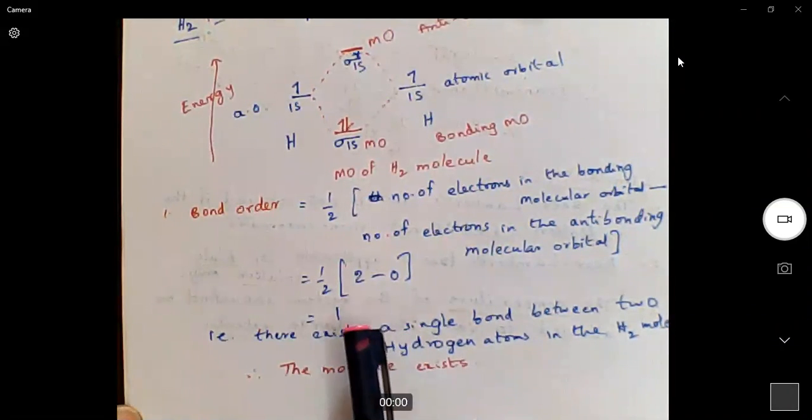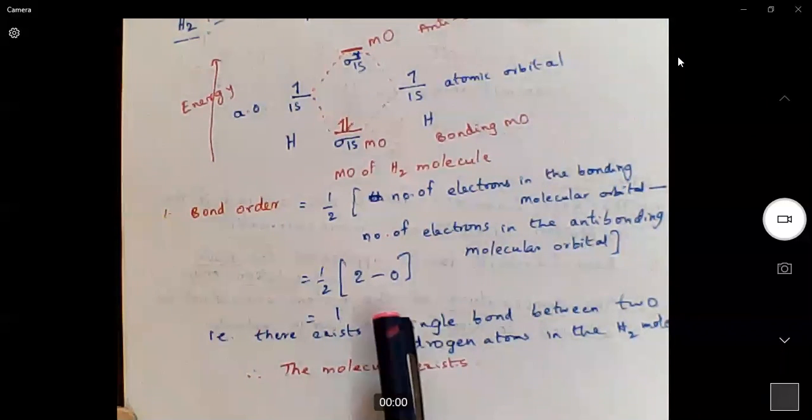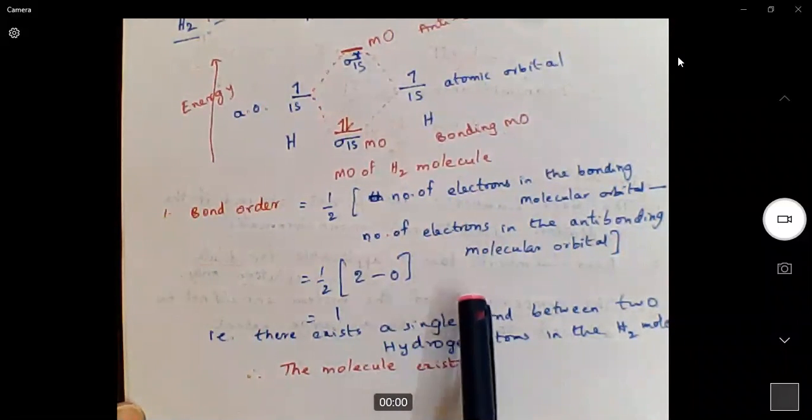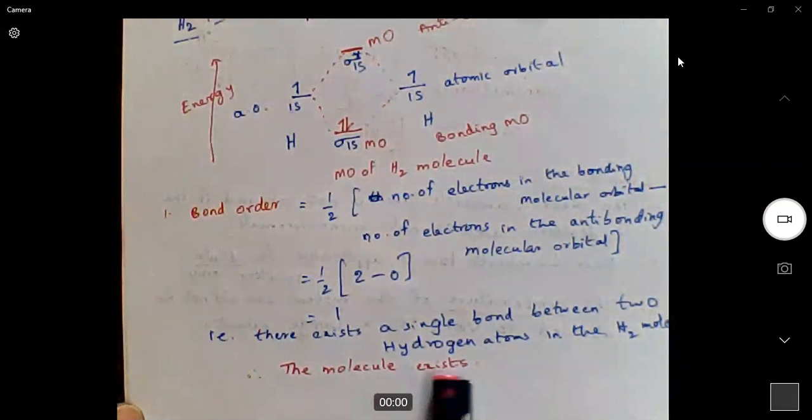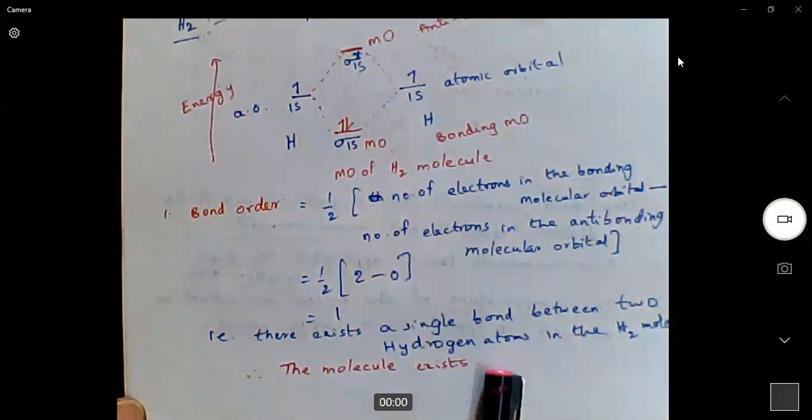If it is non-zero, it may be 0.5 or 1 or 1.5, so we can say the molecule exists. But if the bond order is 0, that means there are no bonds between the two atoms, so the molecule does not exist.